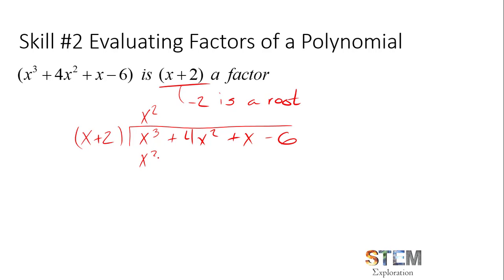So I'm going to get x cubed plus 2x squared. Okay, this will give me 2x squared left. Drop this down, x. 2x squared plus 2x. 2x squared times x is 2x squared. 2x plus 2 times 2 is plus 4x.